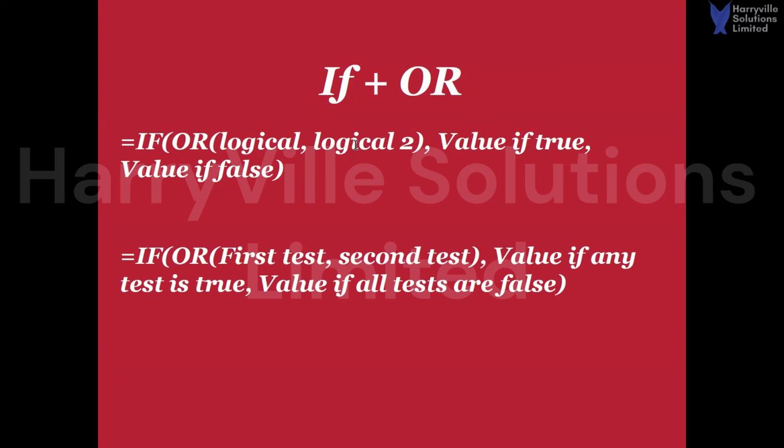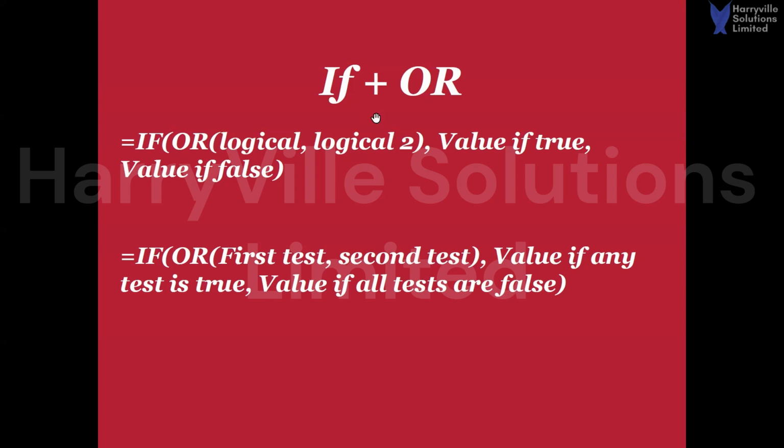So after having discussed and learned about if and, we can now move to if or. Now, remember we established that if and is absolute, right? The multiple conditions, the multiple logical tests we're trying to test have to be absolute.